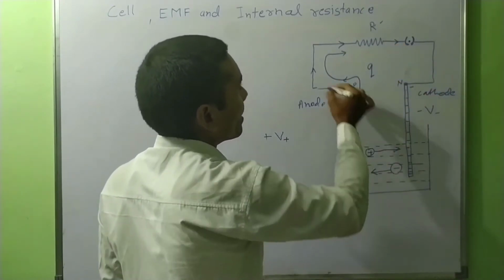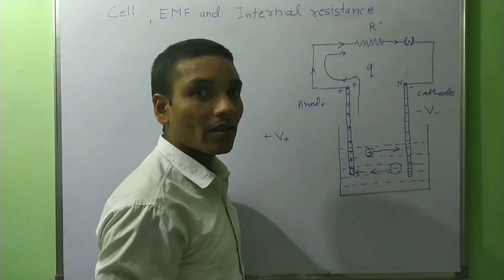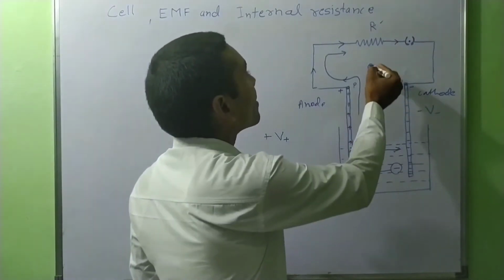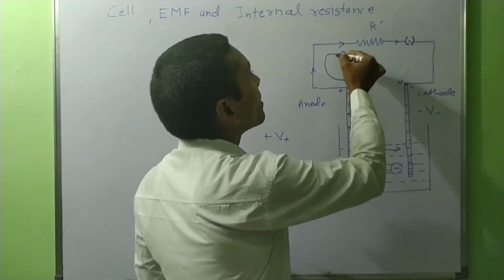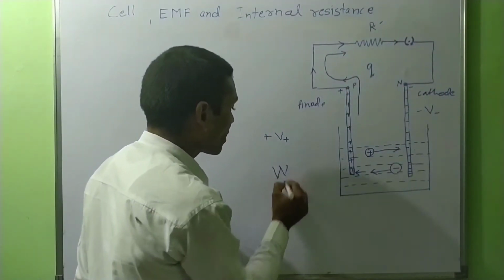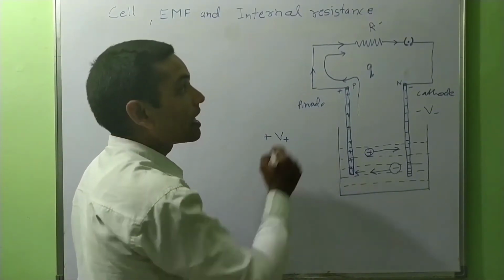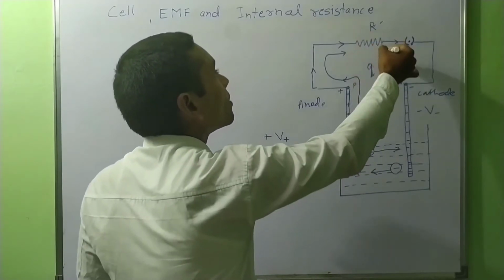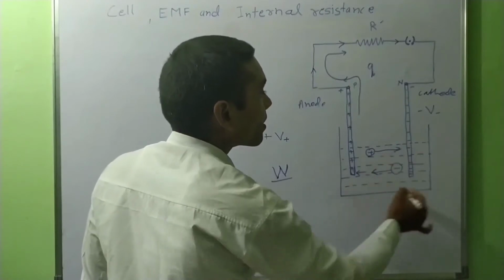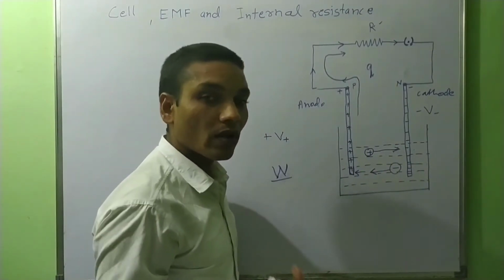in the whole electric circuit, including inside the cell, work has to be done in carrying the unit charge through the circuit. So the work done in carrying the unit charge in the whole circuit, including the electrolyte, is called the electromotive force.